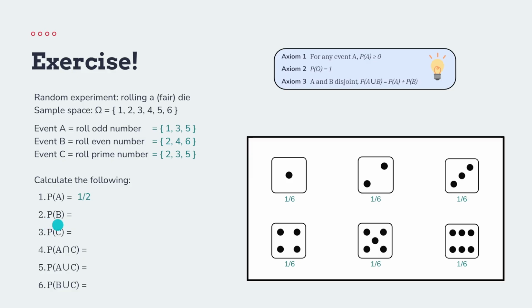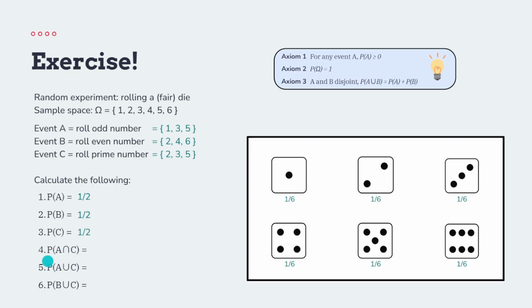Next, probability of B, rolling an even number. The event B consists of rolling a 2, a 4, and a 6, so that's 3 elements, which makes the probability also a half. And probability of C, rolling a prime number, 2, 3, and 5, that's also 3 elements out of 6, so the answer is also a half.